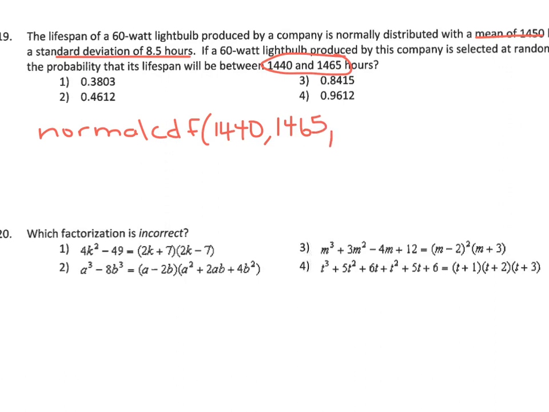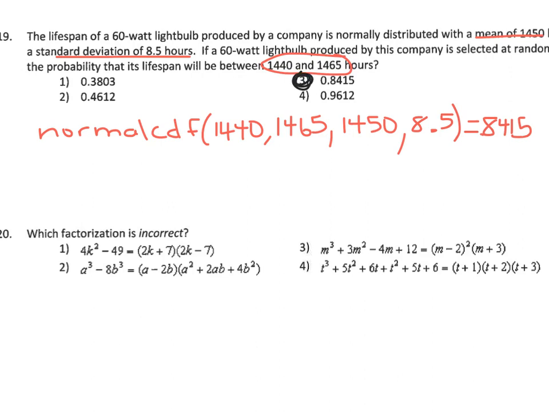Then we put the mean, which we know is 1450, followed by the standard deviation, which we know is 8.5. This is a pretty easy problem because the calculator does all the work for you. Hit enter, and they give you approximately 0.8415. So choice 3 is the answer.